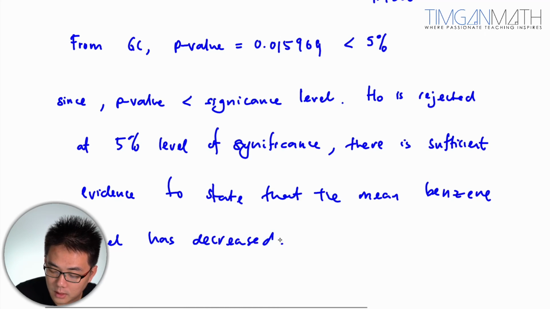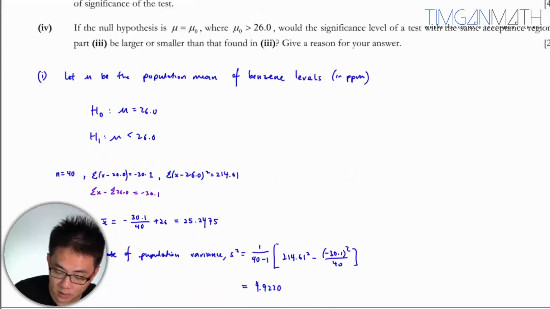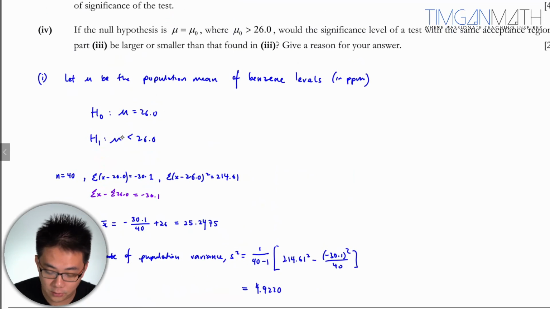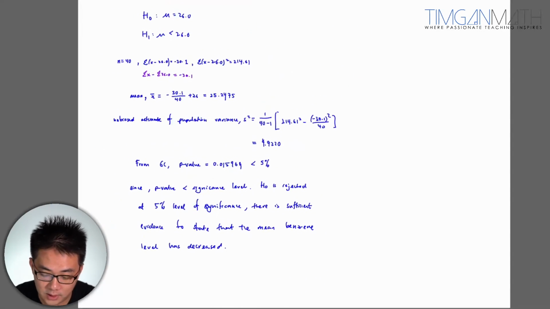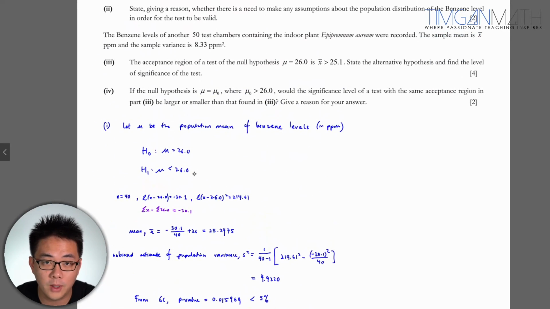You need to be able to state this, because now you reject H0 and you're in favor of H1, the alternative hypothesis. In other words, it just means that you're in favor of H1, there's a decrease.